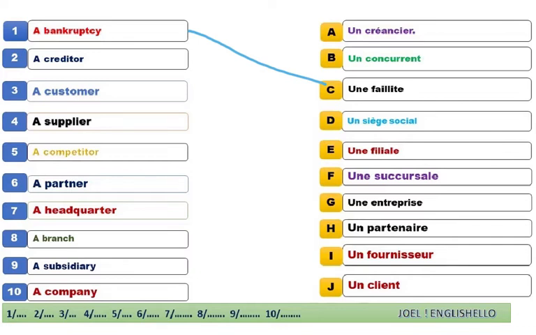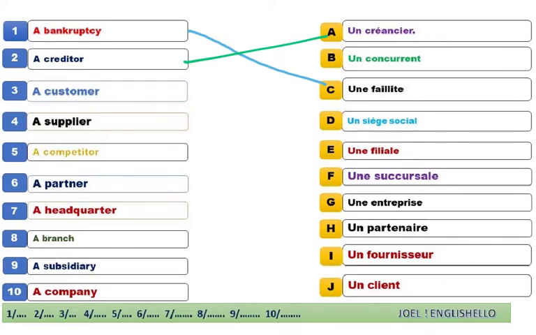Dépôt des bilans. L'insolvabilité. A creditor. Un créancier. The bank is always the creditor. La banque, c'est toujours le créancier. C'est vous qui devez toujours de l'argent à la banque. Donc, c'est votre créancier. Your creditor.